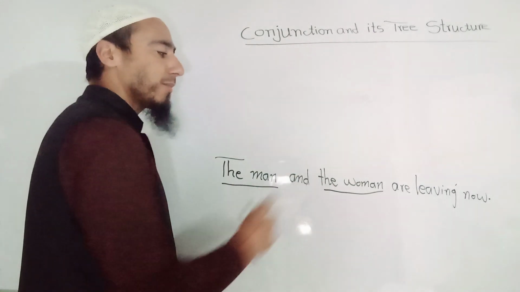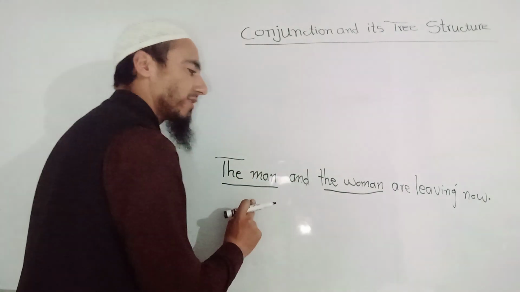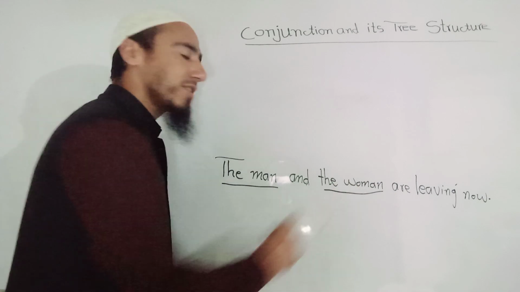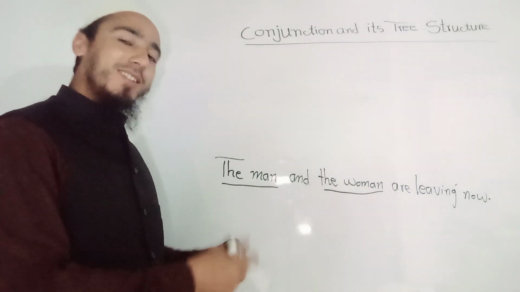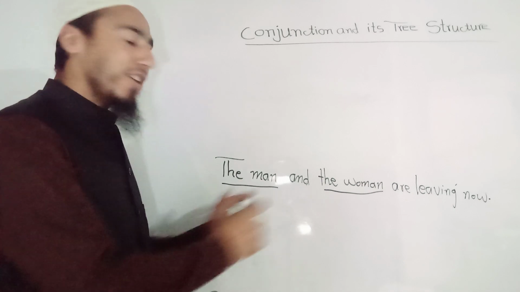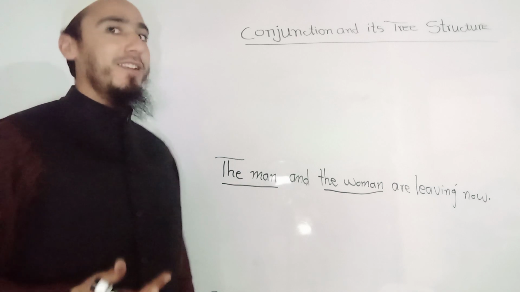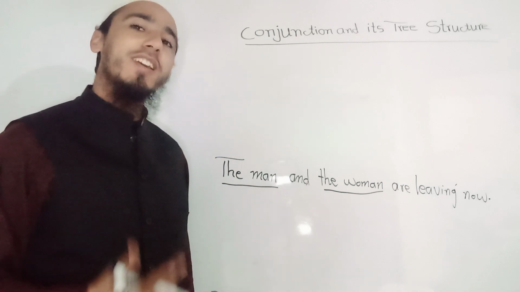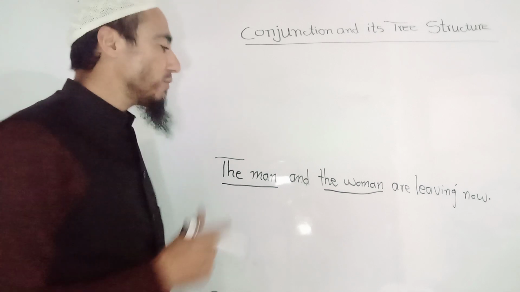And we write the symbol for it, CC. This is one constituent which is NP, noun phrase. This is another constituent which is also NP, noun phrase. When they are connected by one coordinative conjunction, it is again called a noun phrase, a larger constituent, a lengthy noun phrase.